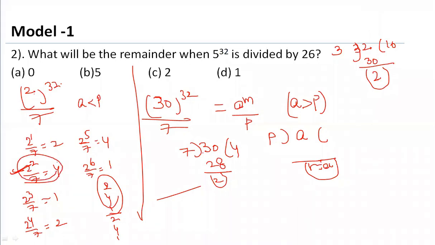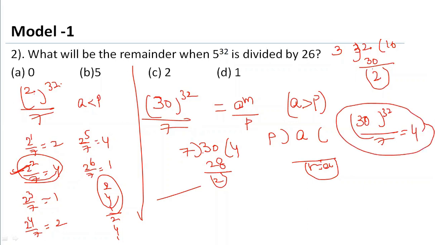That means what is the remainder of the final question, guys? The remainder of the final question 30 power 32 by 7. What's the remainder? 4 is the answer. That's how we proceed where we have A greater than P. We take A and divide it by P. Whatever remainder you get, you replace the value, and the question changes to 2 power 32 by 7.